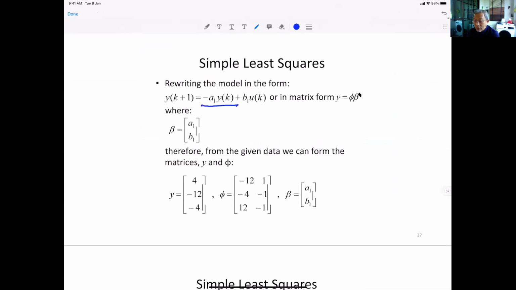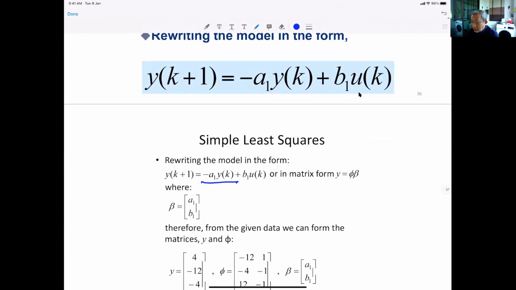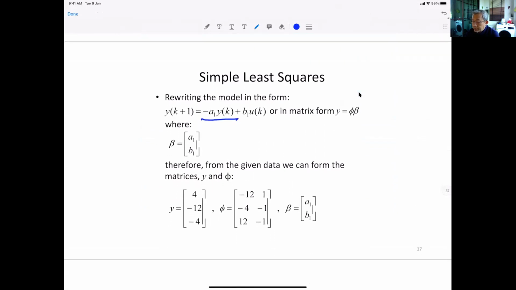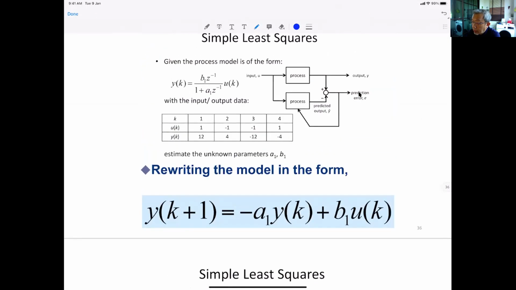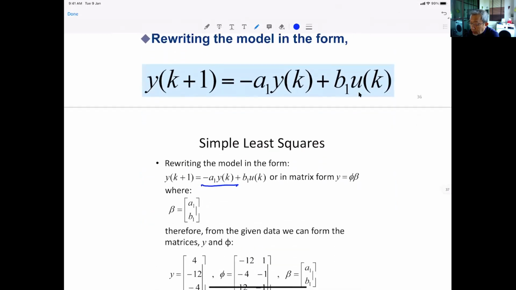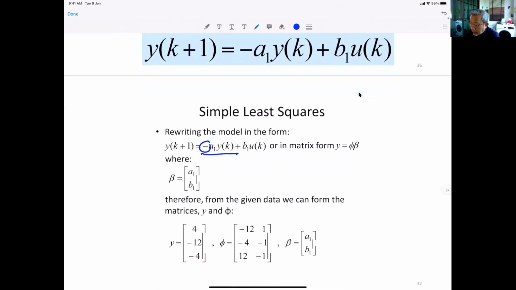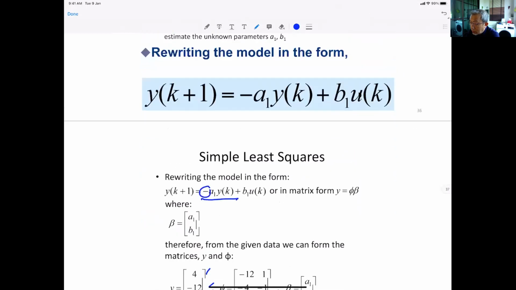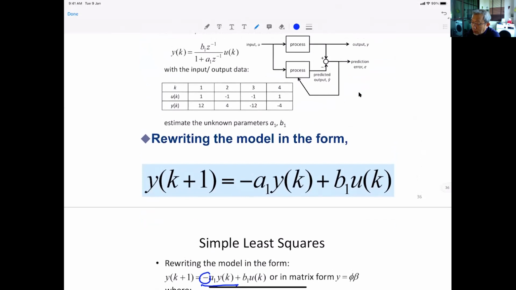So we have to refer to the data given. So the data is here. So minus A1 Y K. There is a minus here. So how do we get 4, minus 12, and minus 4? Simply from here.